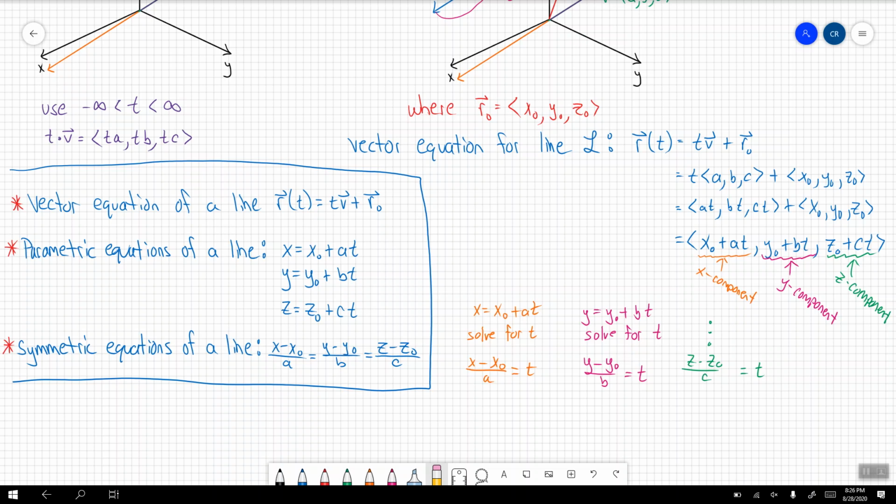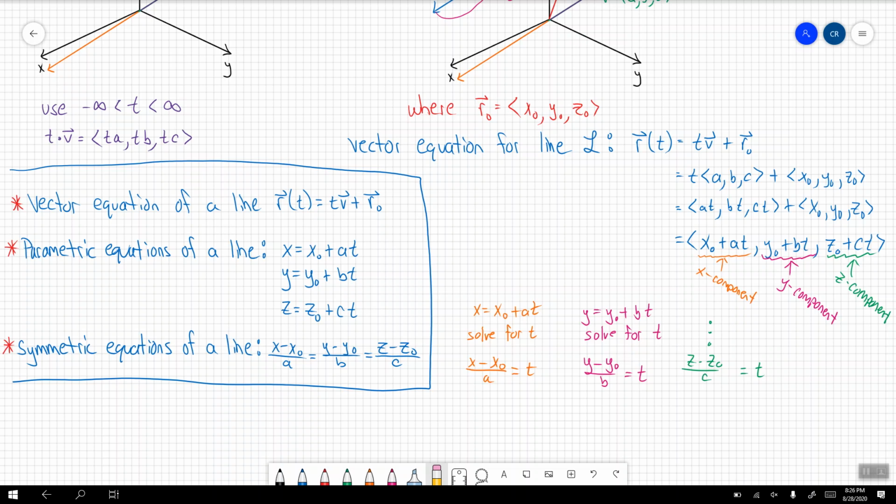Well, if that's the case, then we backtrack to the original equation that we were looking at, which is the parametric equation. If your b value was 0, you make that b times t be equal to 0, and you're only left with y is equal to y naught. Which means you don't really have a parametric equation to be equal to your middle component.